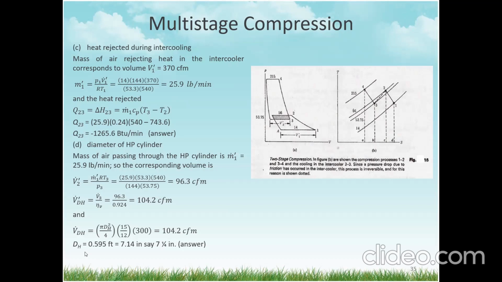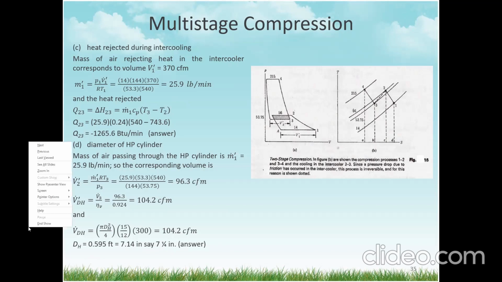So D_H is equal to, equate that. The unknown is D_H, so 0.595 feet, which is equal to 7.14 inches. Say, 7 and 1/4. This is the nominal size that is close. Not 8, it is closer to 7 1/4. Shop size. This is okay because the other values here are approximations. This is not the machine's dimension.